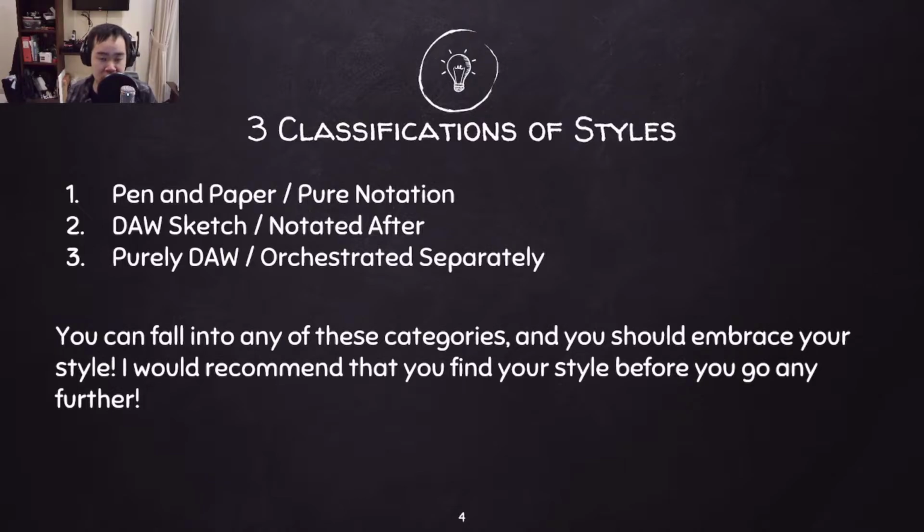Or nowadays, for composers who love pen and paper, there's notation software, right? There's Sibelius, there's Dorico, there's MuseScore, right? So I think more modern pen and paper composers don't really use pen and paper too much. I mean, there are still definitely composers that love using pen and paper, and if that's the way you function, that's fine.